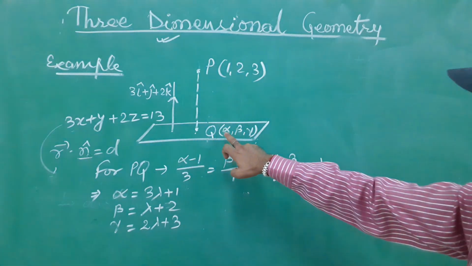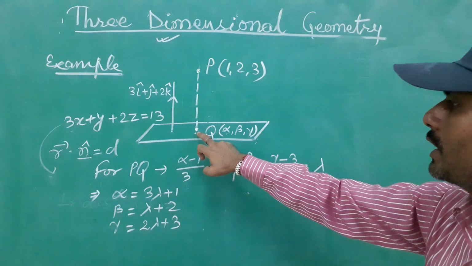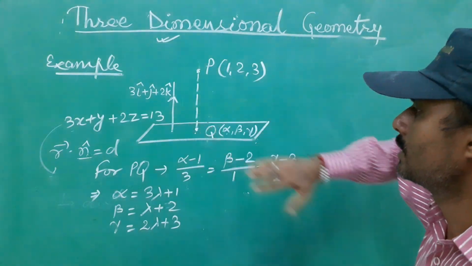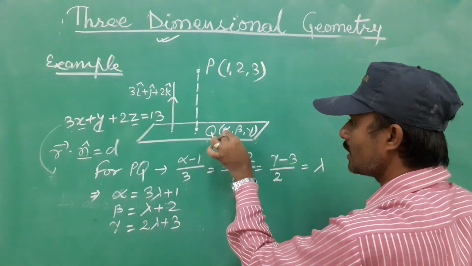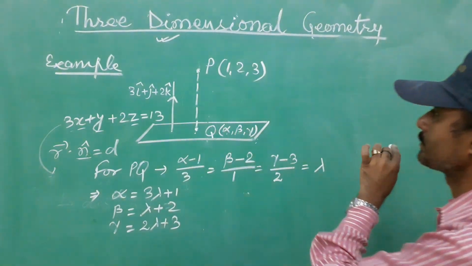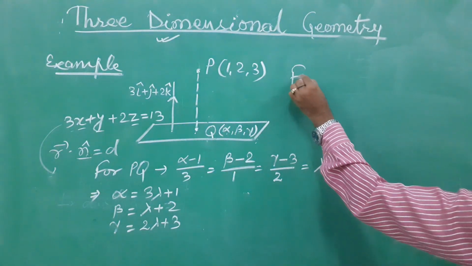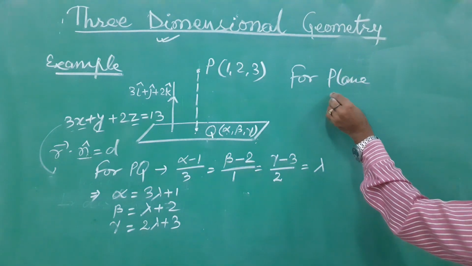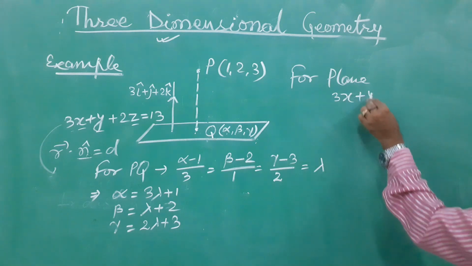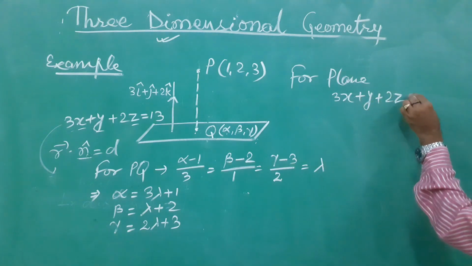And this alpha, beta, gamma point is on the plane. So in place of x, y, z, we can use alpha, beta, gamma. For the plane, the equation is 3x plus y plus 2z equals 30.